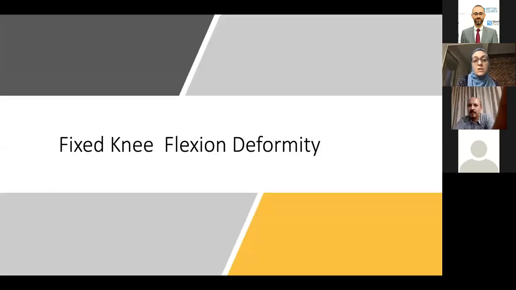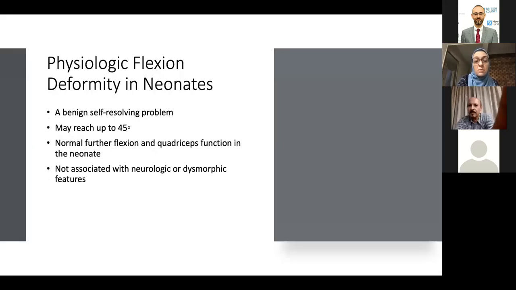Fixed knee flexion deformity is a very important entity in pediatric knee problems. I'd like to highlight the normal physiologic flexion deformity in the newborn. Every newborn, because of their intrauterine position, does sustain some flexion contracture of their knees and hips, which is a very normal finding.